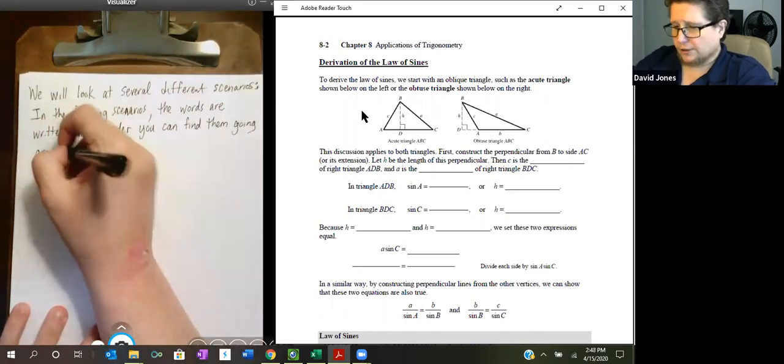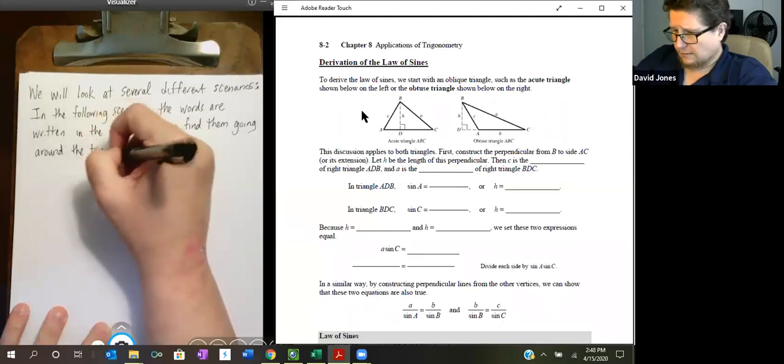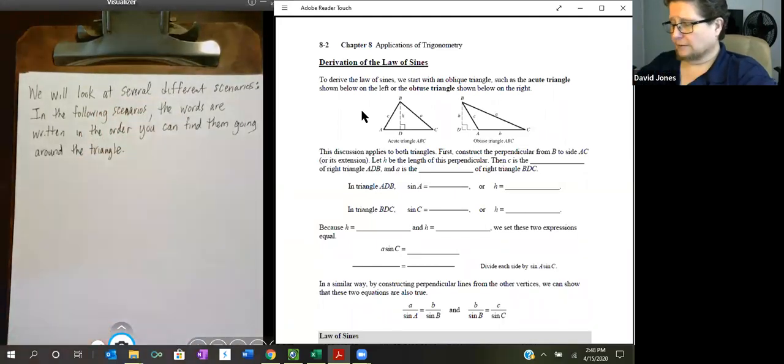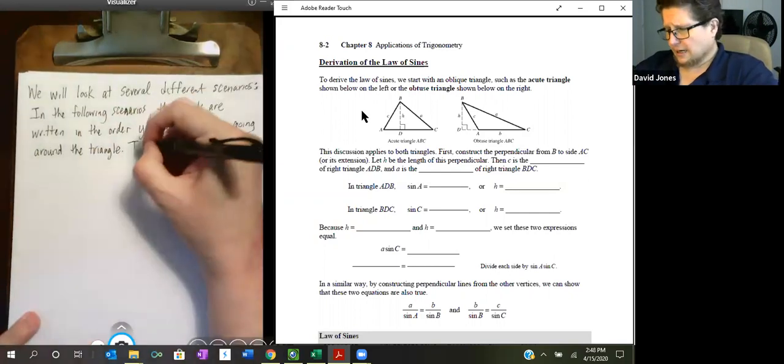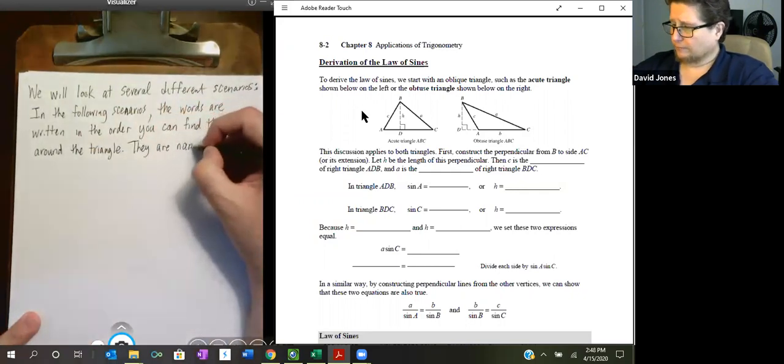I'll draw a picture. And they are named by the pieces of data we know.